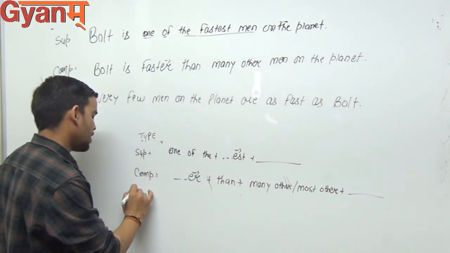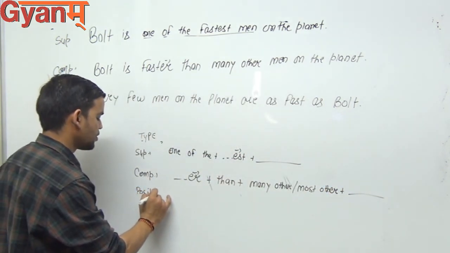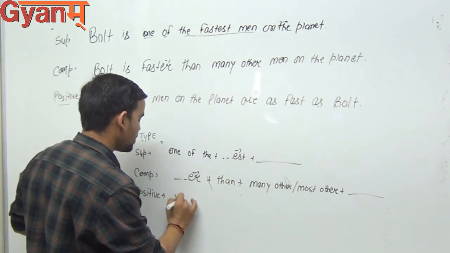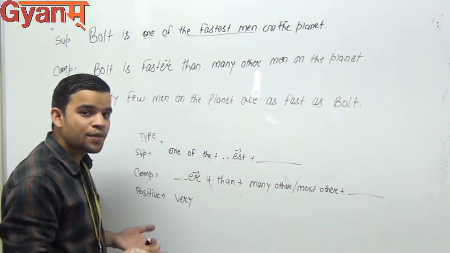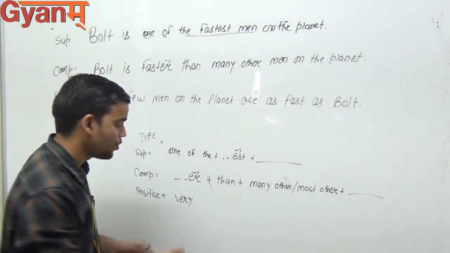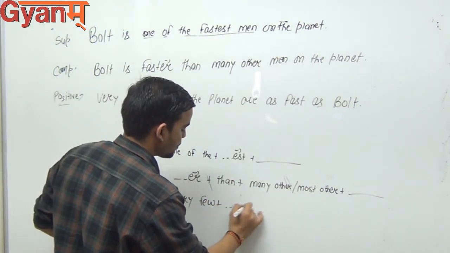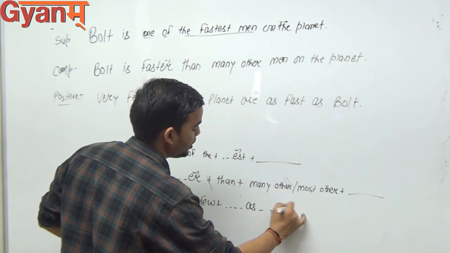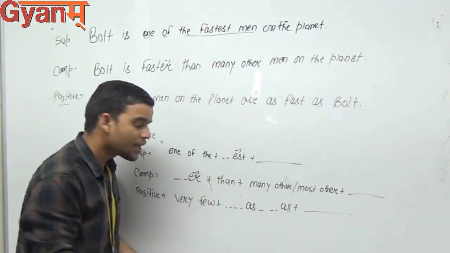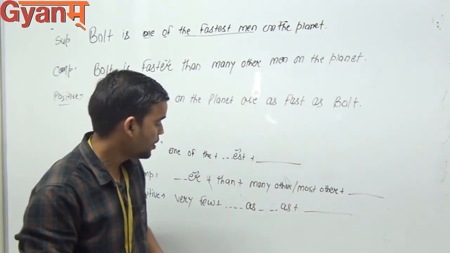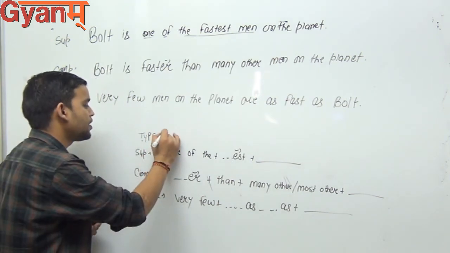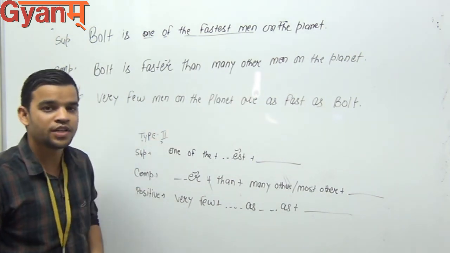And in positive degree we'll start the sentence with very few. Earlier in type 1 we wrote no other, but here we'll start with very few, again as fast as. So that is how we have type 2 of conversion of degrees.